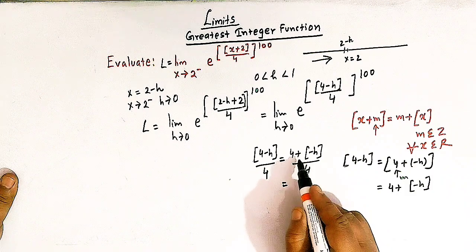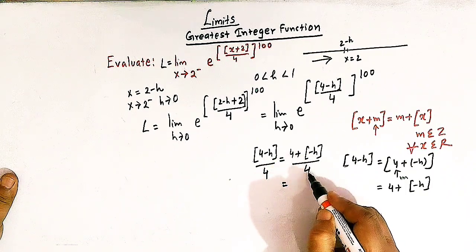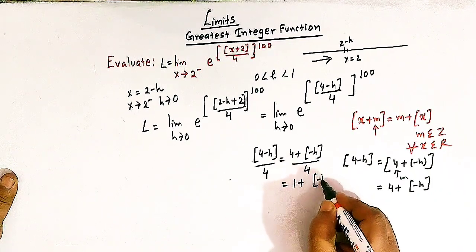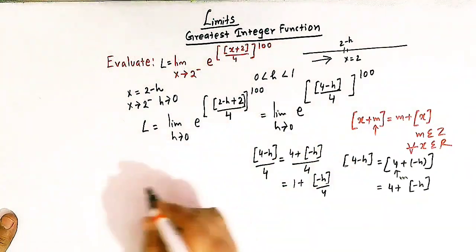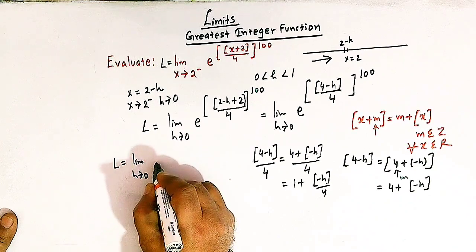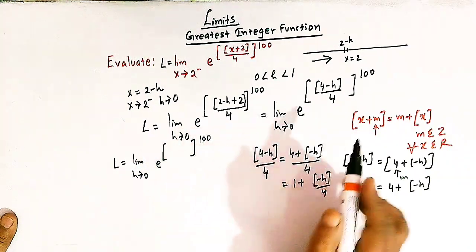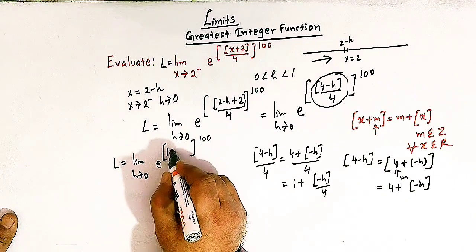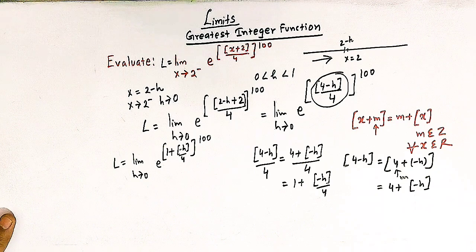And now we can separate these two terms by writing 4 over 4 and greatest integer of minus h over 4. So we have 1 plus greatest integer of minus h over 4, right? So now this limit L takes the form limit h tends to 0, e raised to greatest integer raised to 100, and for this term we can write 1 plus greatest integer of minus h divided by 4.